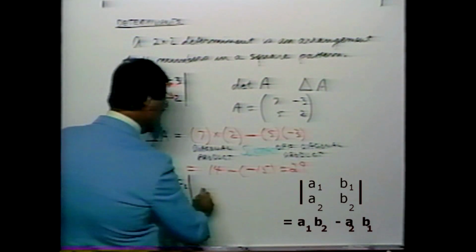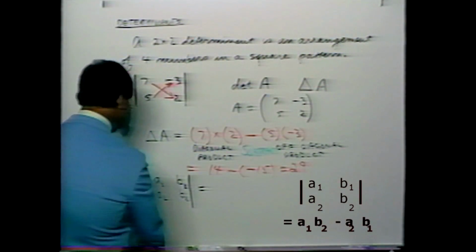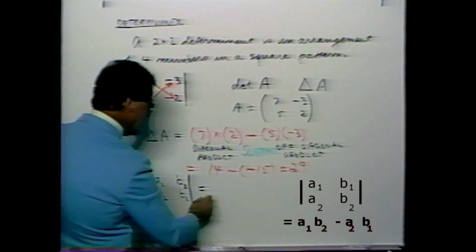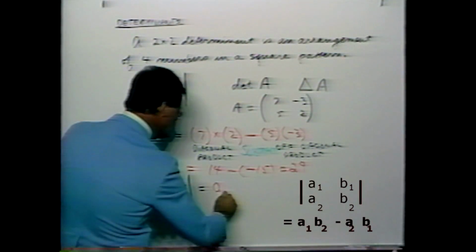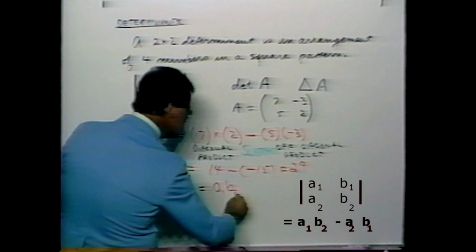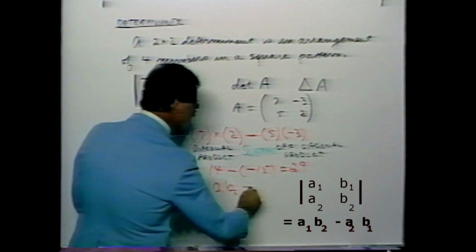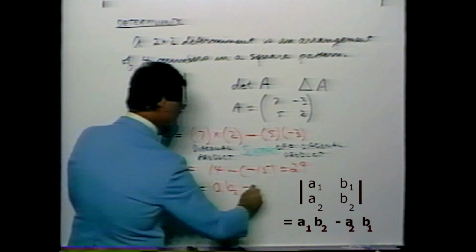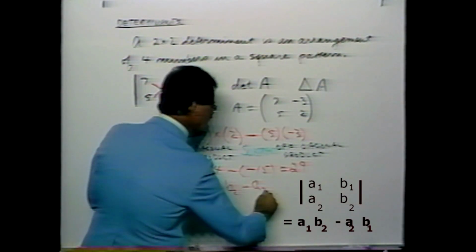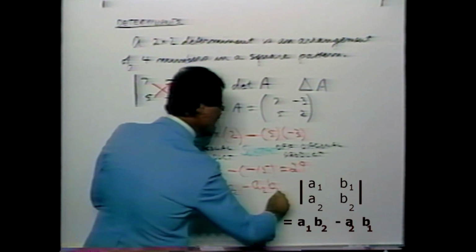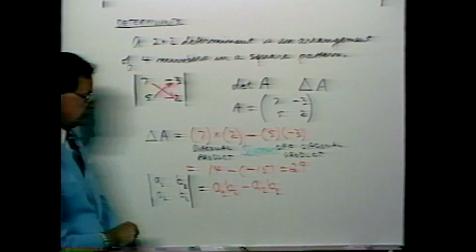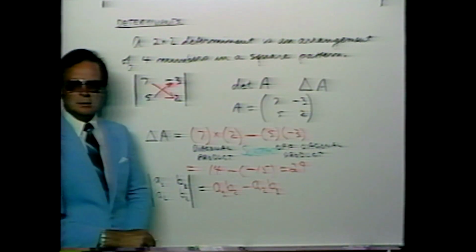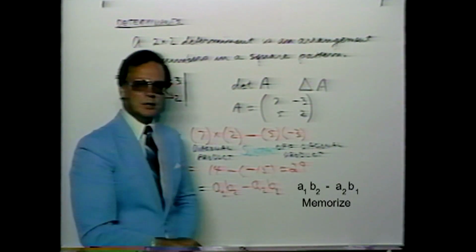And the determinant is always equal to the diagonal product A1, B2, subtracted by the off-diagonal product A2, B1, or B sub 1. Memorize that. Here are a few more examples.